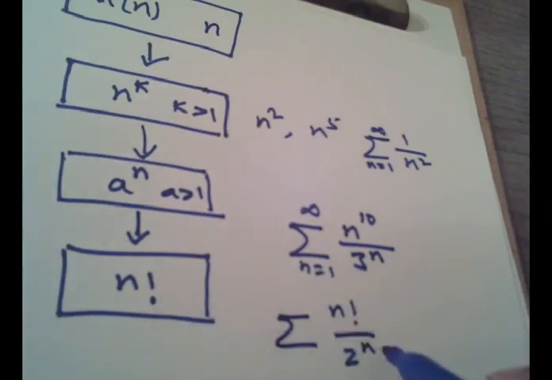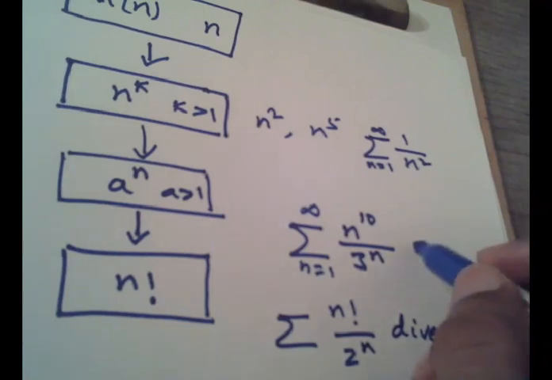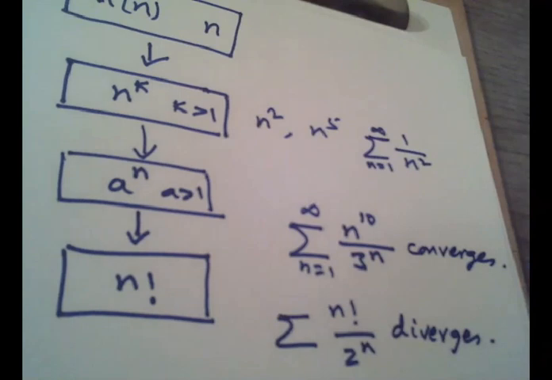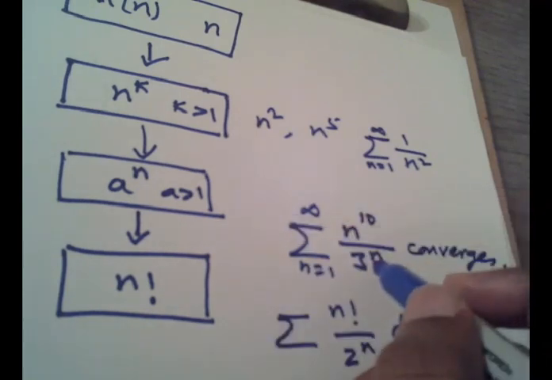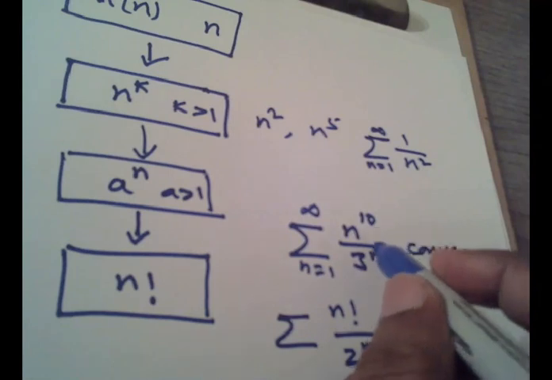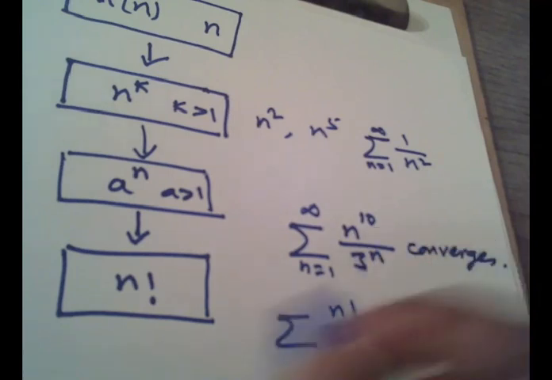So you can again do the ratio test. You'll find out that this in fact diverges. And this, we said, converges. So just to make it clear, let me show you what happens in this particular case.